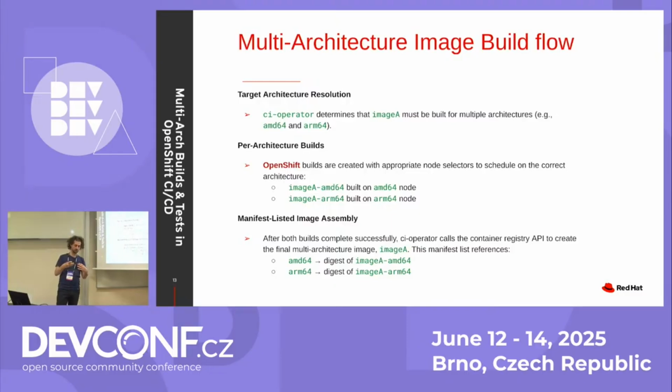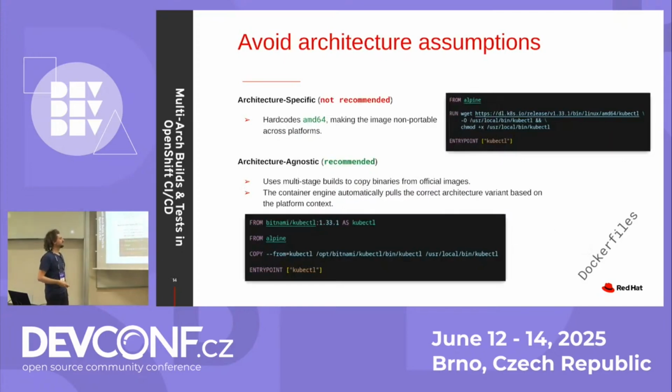Then we let OpenShift build promote the image to the image stream, and then ci-operator will construct a new image with a manifest list included, using API calls directly to the container registry, and then we construct the final image that is manifest listed. That image can be promoted and used based on the architecture, right?